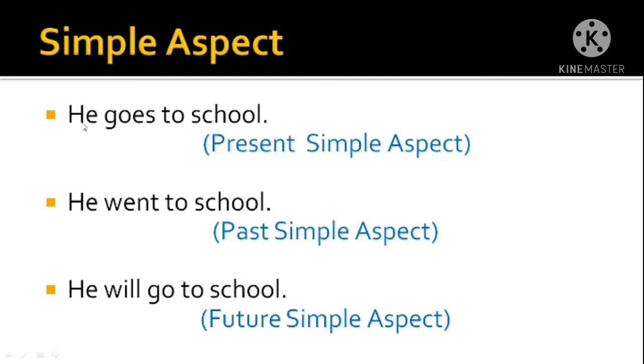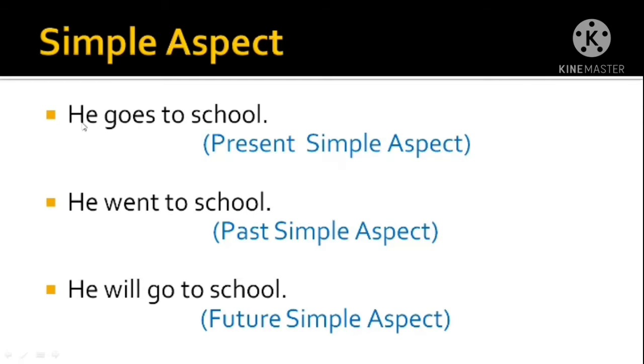He goes to school, simple present tense. He went to school, simple past tense. So this goes, that is the S form of go. And what is the past form of go? Went. So go, went, gone, going, goes, will go. These are the various forms of the verb go. So here, one simple change we have made, that this go is converted into went, because went is the past form of the verb. So the sentence is, he went to school.